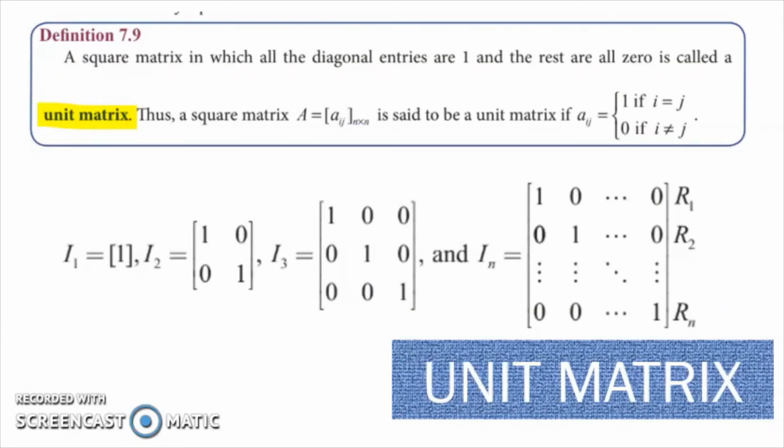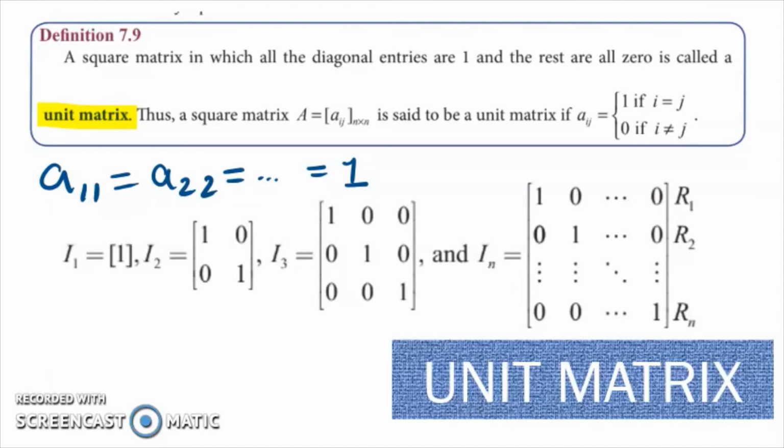Unit matrix is a scalar matrix and it's also a diagonal matrix. All its main diagonal elements will be equal to 1. So I can write A11 is equal to A22, so on, and they are equal to 1.